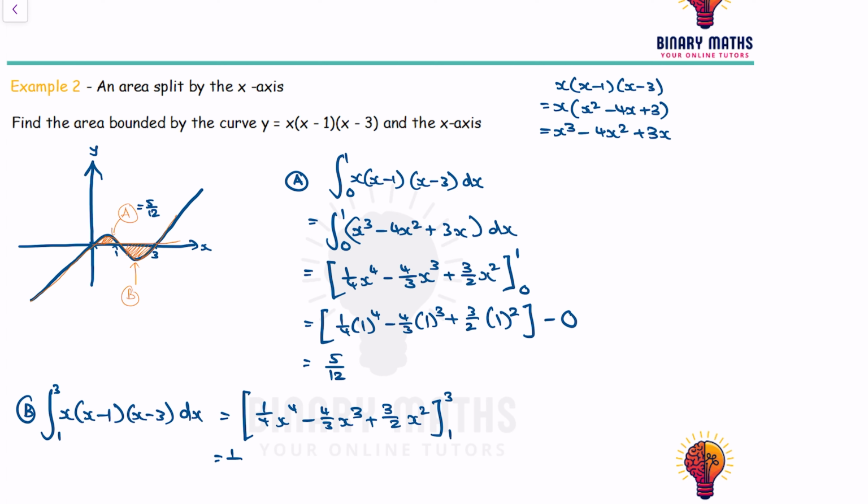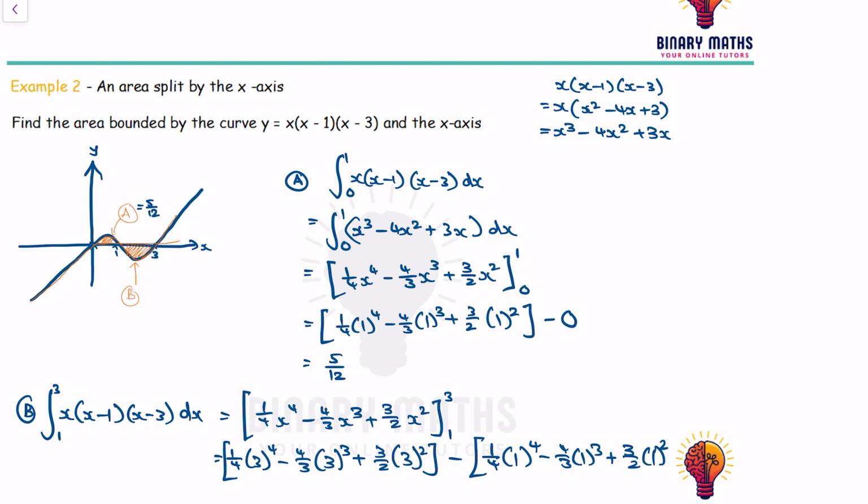So it's the same thing as a quarter times 3 to the power of 4 minus 4 over 3 to the power of 3 plus 3 over 2 times 3 squared. Subtract when you substitute 1 in: a quarter 1 to the power of 4 minus 4 over 3 1 cubed plus 3 over 2 1 squared.